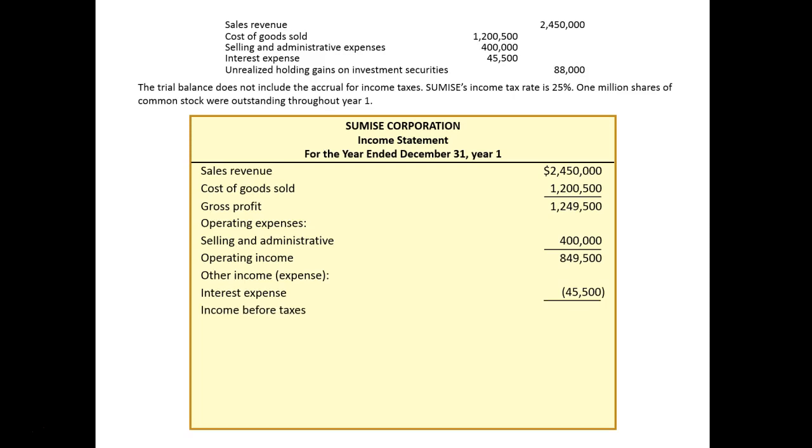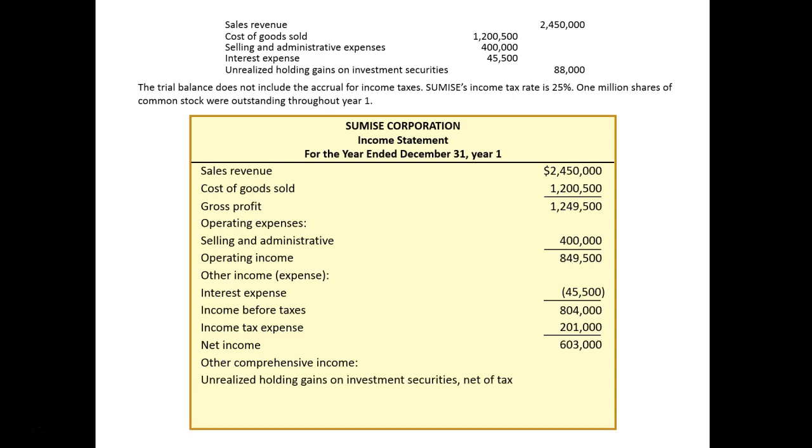That gives us income before taxes of $804,000. Next, we compute our income tax expense as it was given to us at 25% to then come up with net income. Now we include our other comprehensive income, which would be the unrealized holding gains of investment securities, to then provide the bottom number, comprehensive income.